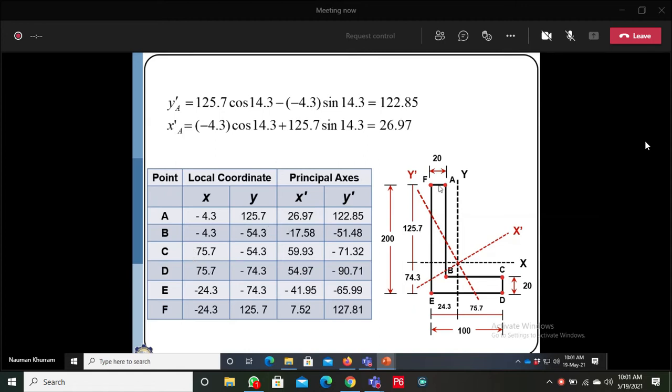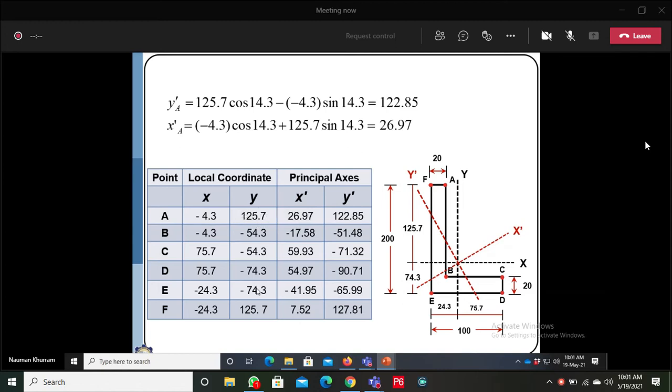Now the y coordinates. The y coordinates of points A and F will be positive because they are above the x centroidal axis, and their value will be 125.7.